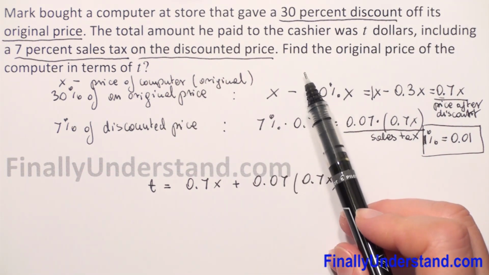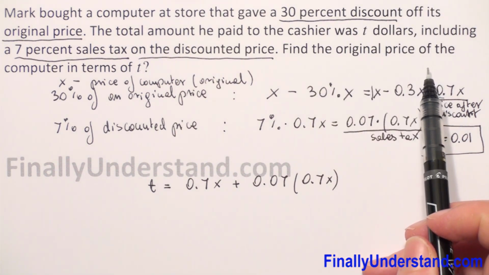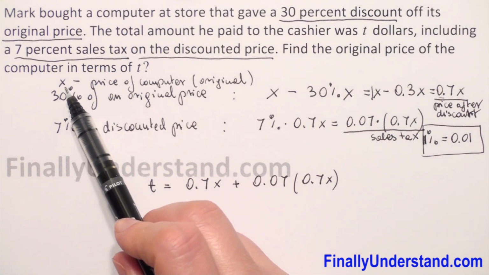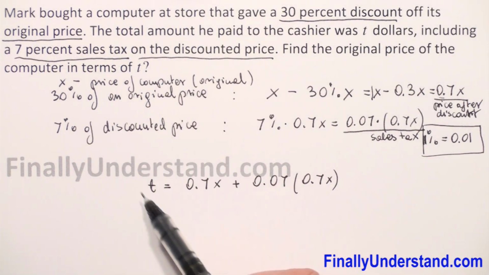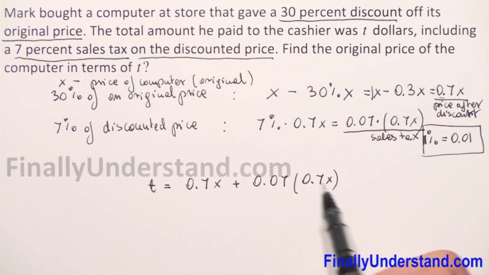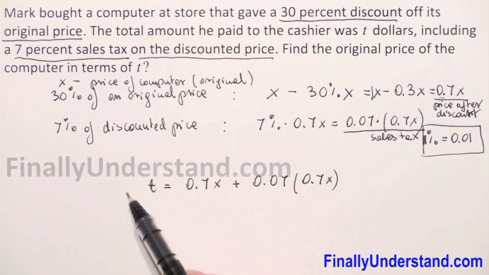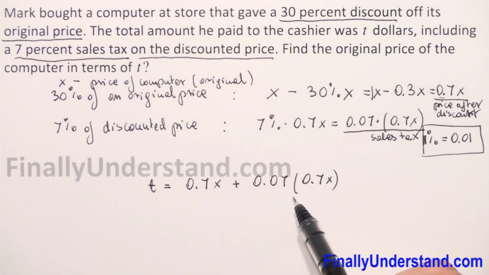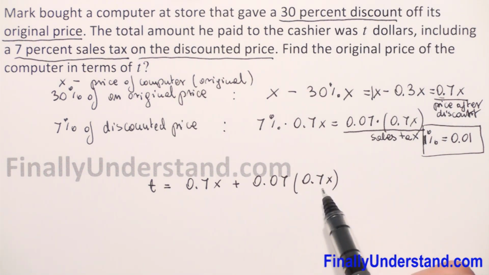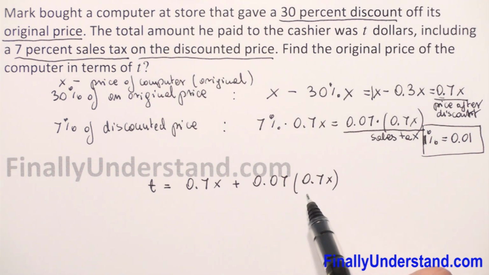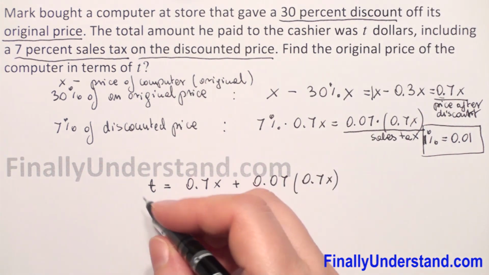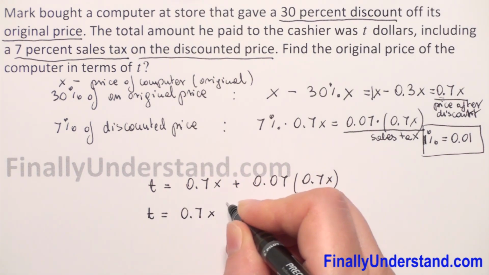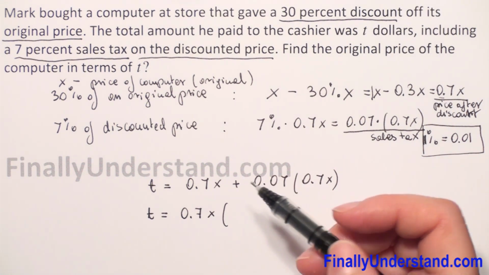We have to find the original price of the computer in terms of T. The original price, we write that this is X. So from this equation, we have to find X. We have to solve this equation for X. How do we do this? Because we have 0.7X and 0.7X, I will take 0.7X before parentheses. So T we copy, this is equal to 0.7X times, and what will be in parentheses?